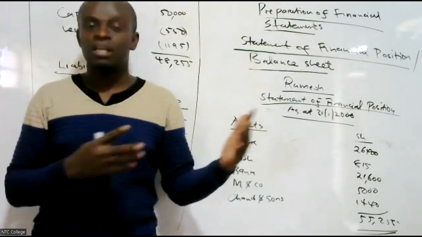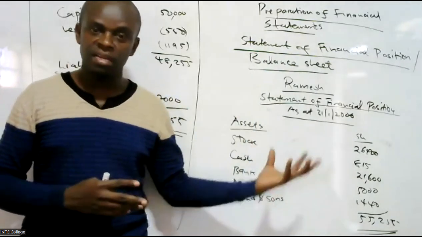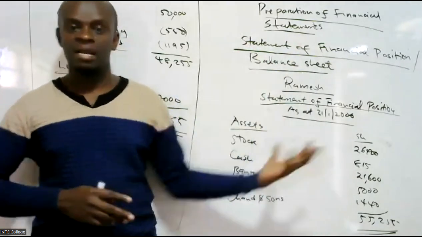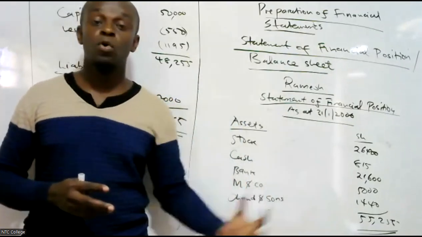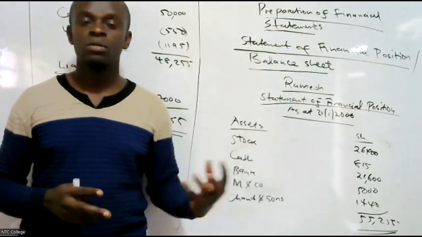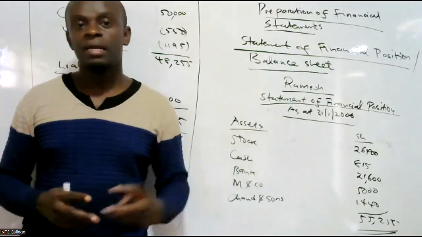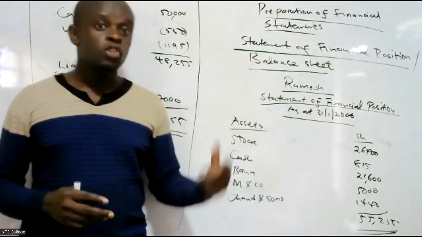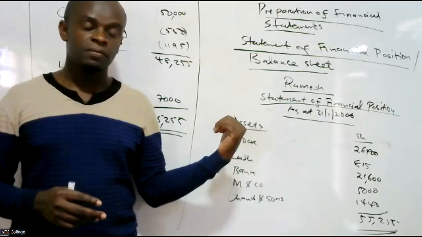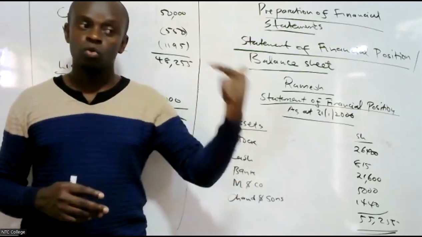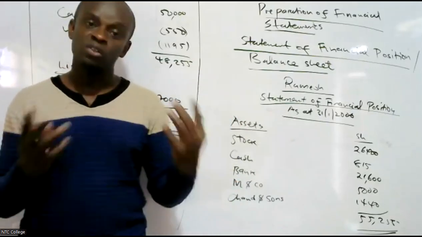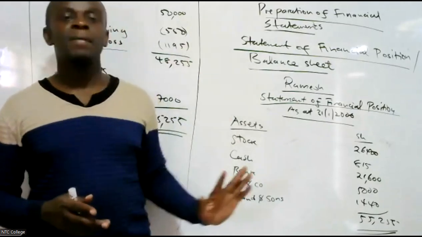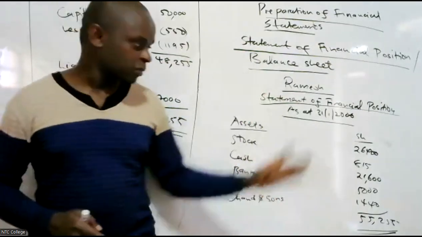We have done it finally, and we have realized that it is balancing, meaning we have followed the procedures laid down in preparing the statement of profit and loss and statement of financial position. So I'll take a snap of this and share it with you for you to connect later when you're doing your revision. But remember, this is how to go about it.